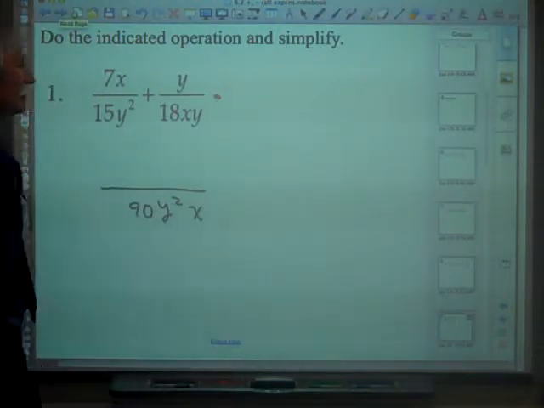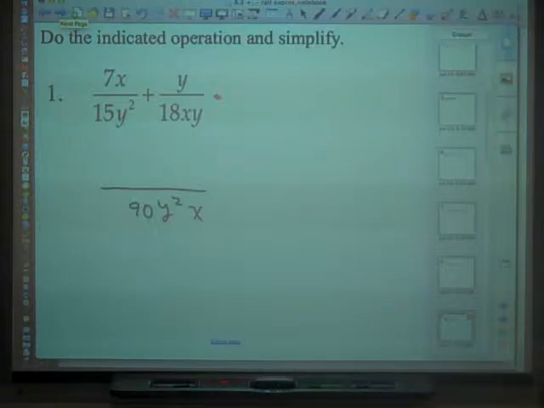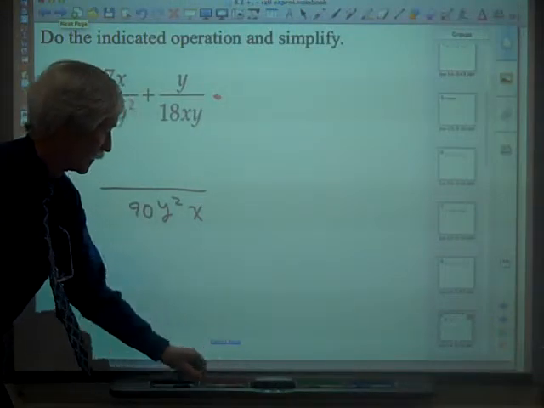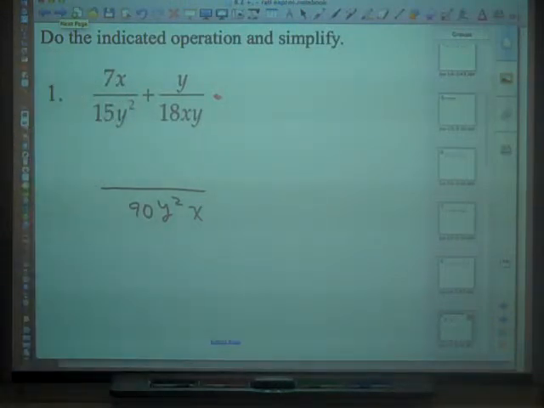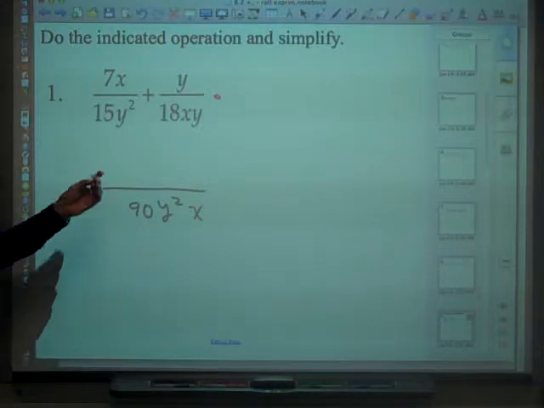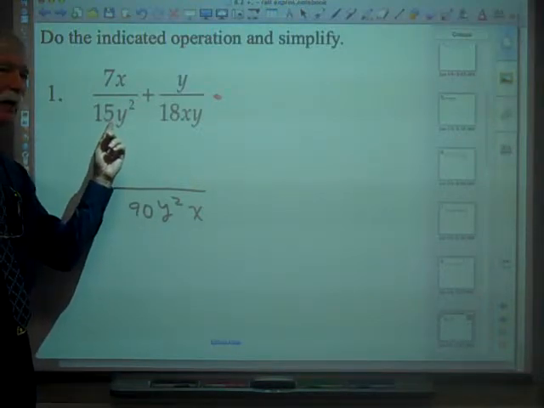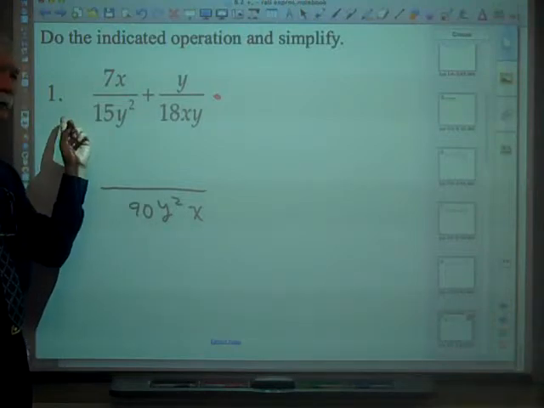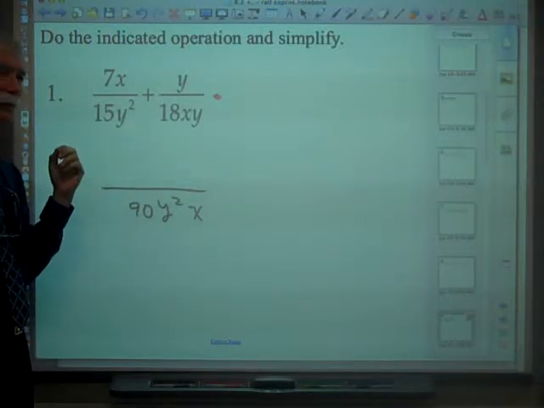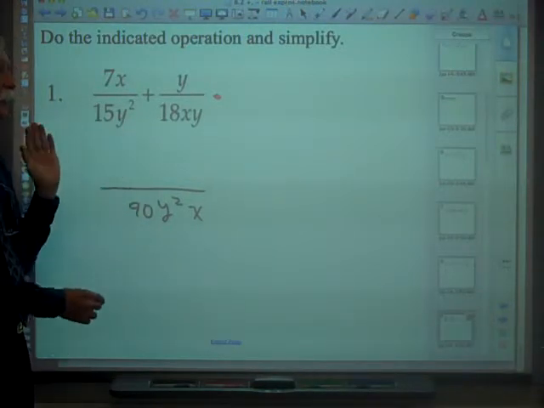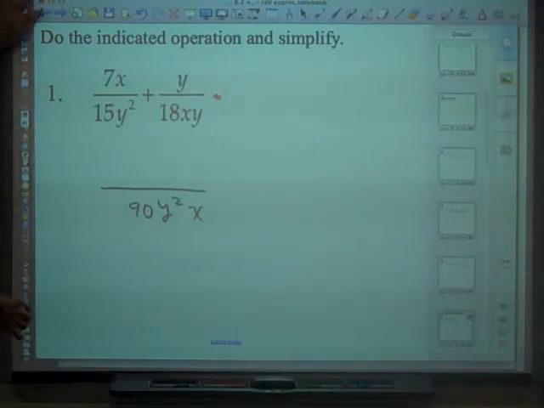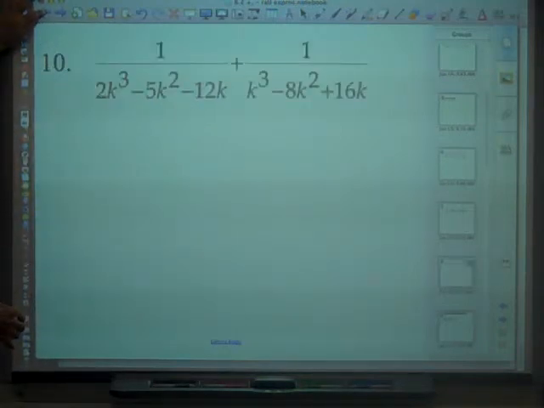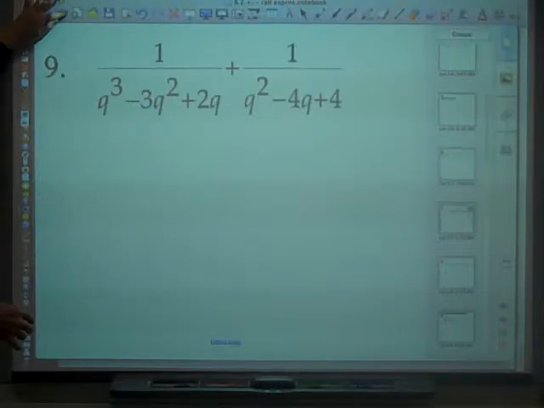How do you know if the other denominator doesn't have an x? No, but we need to create that x in the bottom right now. So we just add an x. You multiply by an x.